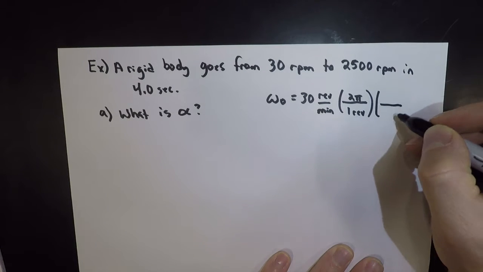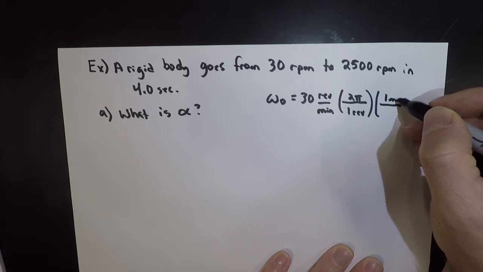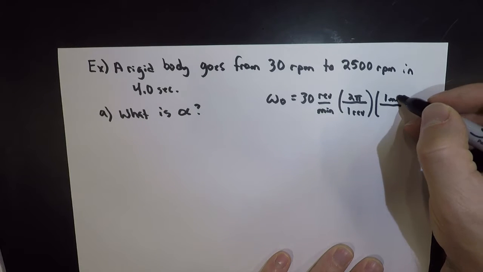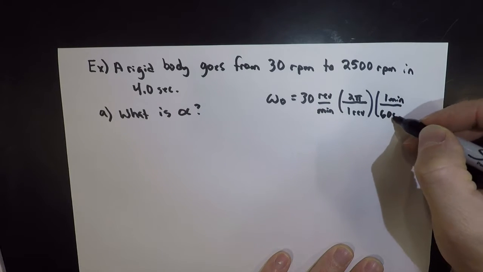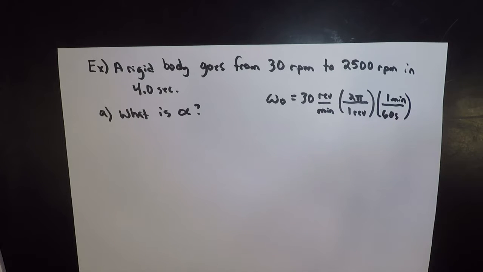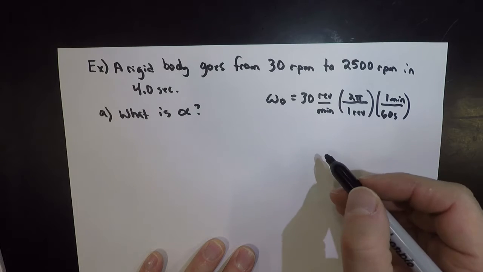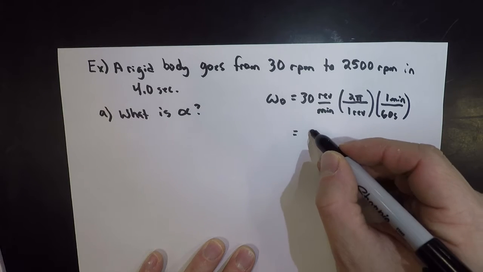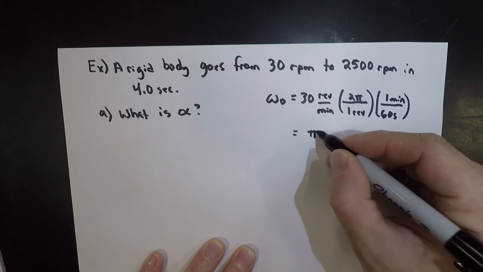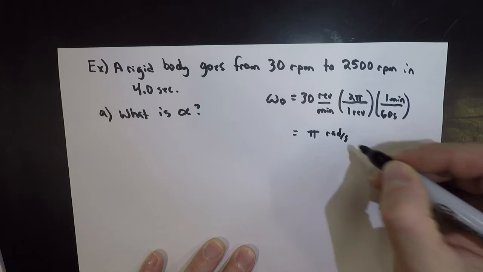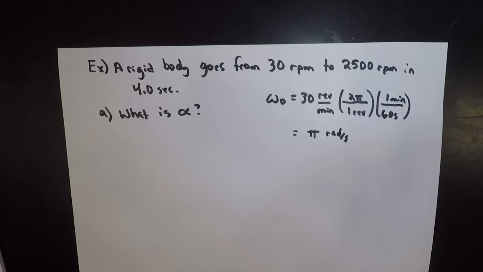Then I'll change minutes to seconds: 1 minute is 60 seconds. So I'm going to multiply by 2 pi and divide by 60, and I get pi radians per second. So the initial rate of rotation is 3.14 radians per second.